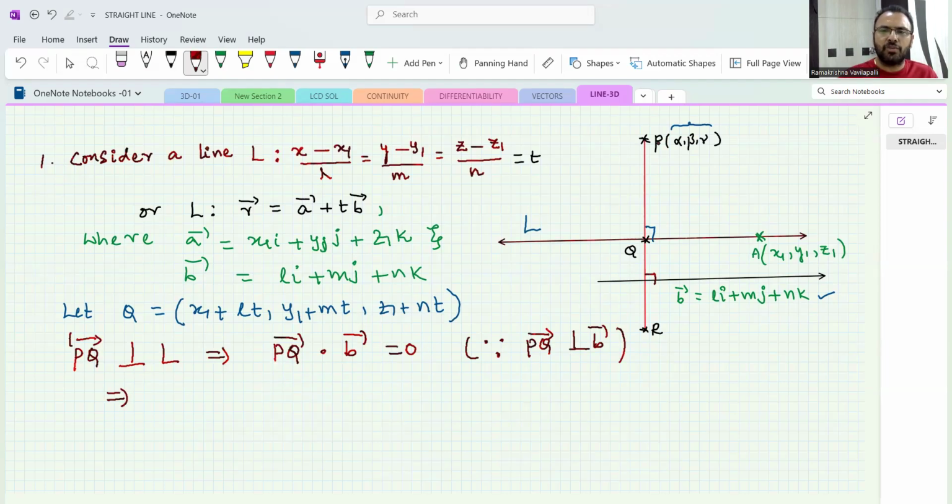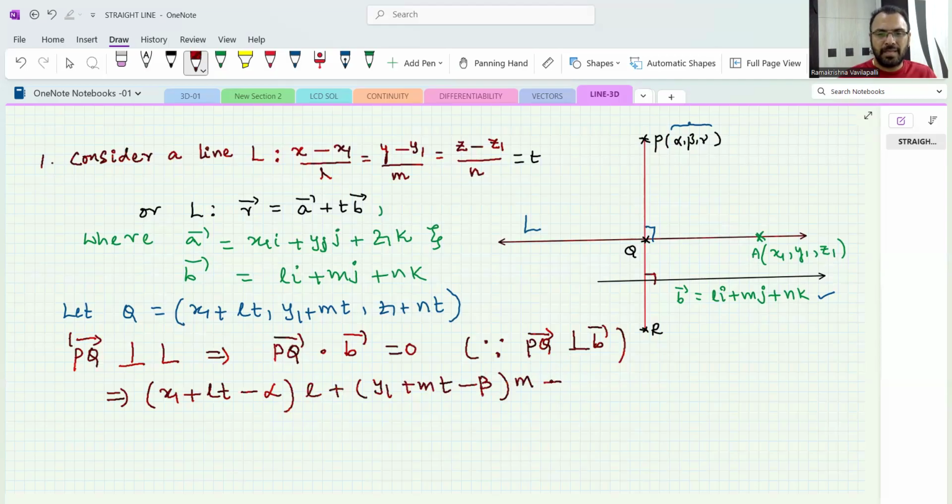So what is PQ bar? PQ bar is nothing but OQ bar minus OP bar. Therefore, (x1 plus Lt minus alpha) into L, which is the i component of b bar vector, plus (y1 plus Mt minus beta) into M, the j component of b bar vector, plus (z1 plus Nt minus gamma) into N equals 0.